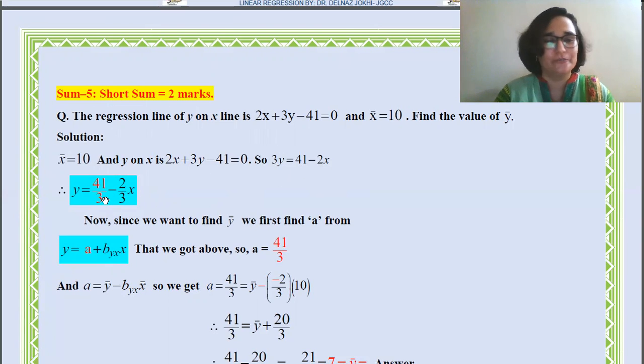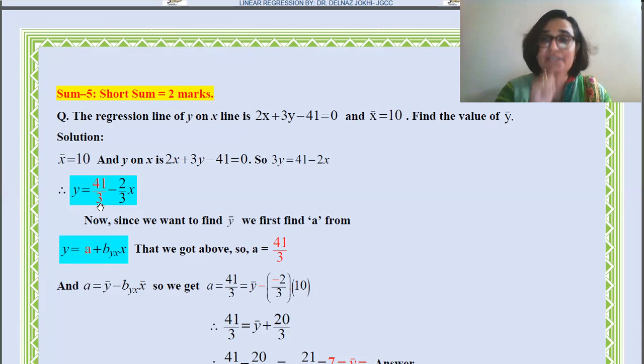What did you get? Quickly see. Yes, y is equal to 41/3 minus 2/3x. Correct. In this sum do you need byx? No, here we need the value of y bar. Depending upon what you need in the sum, you select the value you want from your regression line. Right now we are concerned with a. And which one is a? The one that is with x, or not? The one multiplied with x was your byx, the coefficient. We do not need that.